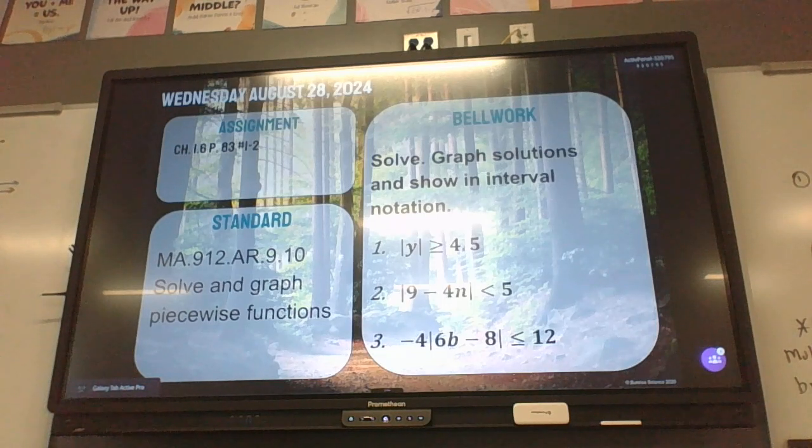Open circle means parentheses, which is unrecognizable. Parentheses in your whole life has always been ordered terms. Now we're telling you it's intervals. What else are parentheses used for? Anything? No.